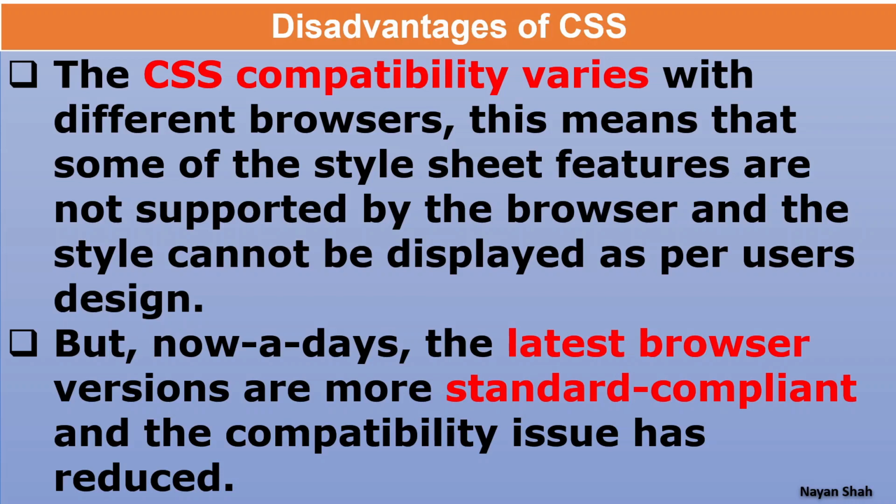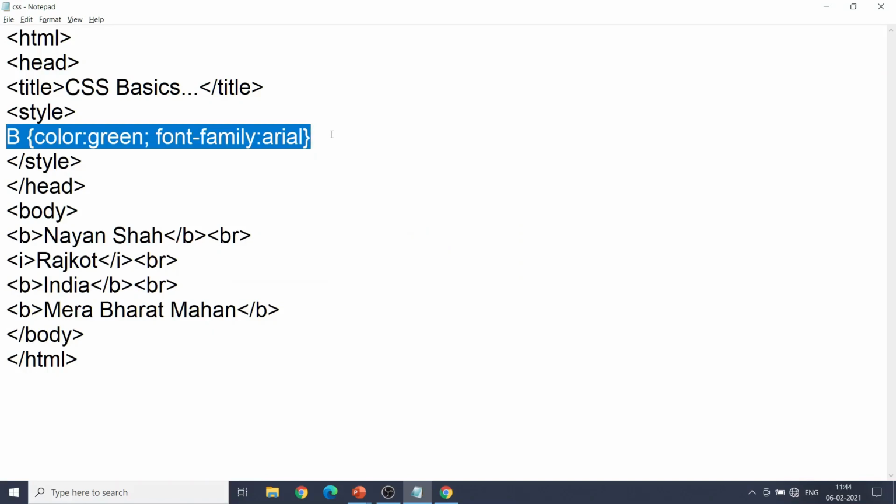So remember, CSS is cascading style sheet, where you define the style only one time, as here. It should be in the head section or it should be defined outside the HTML file. But you define it only once. If you are defining it within the head section, you write it between the style and /style tags.